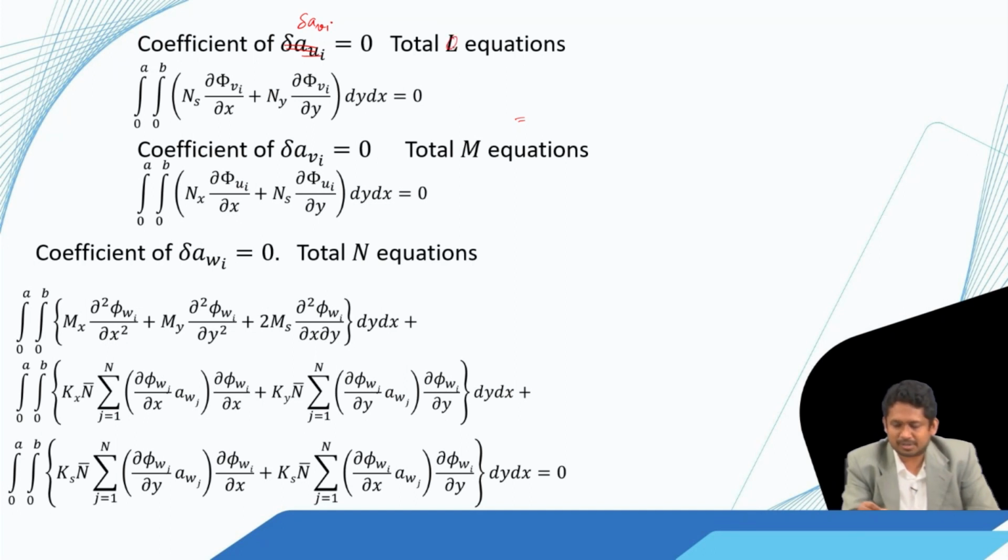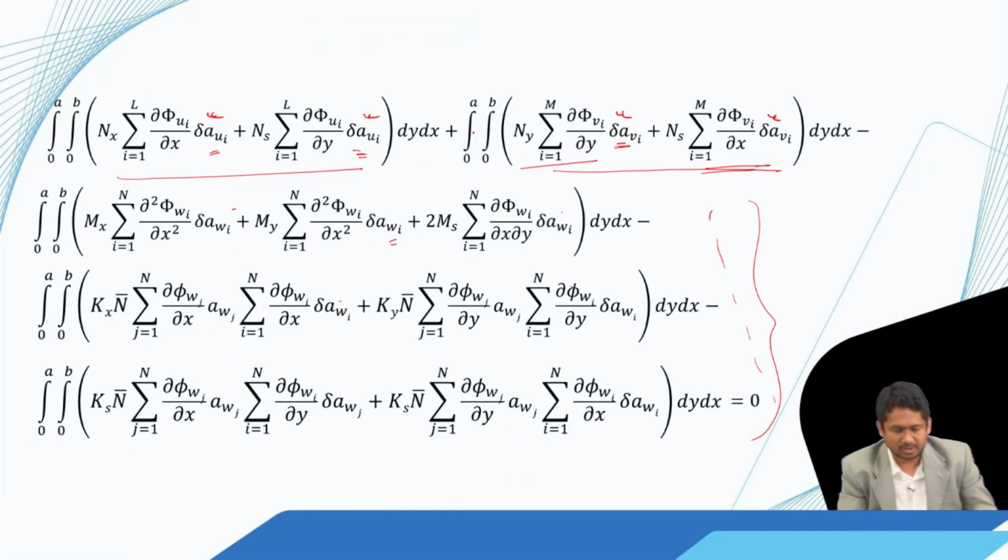So, this gives me total m number of equations. Then we have variation of a u i equal to 0 and that gives me total L number of equations and these are the equations. Again if I look at it here, I get this multiplied by this.